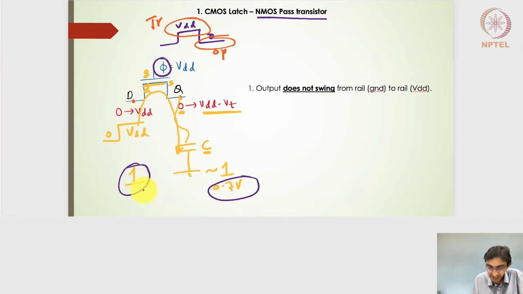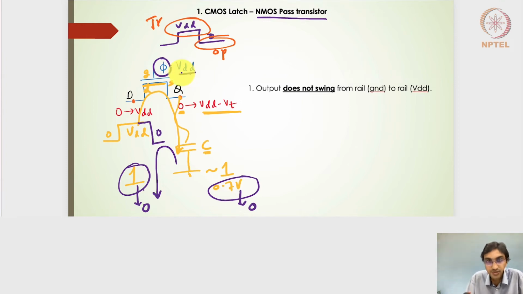And if I then apply the step input and make it back to 0 here, then this capacitor will have the charging path of a normal NMOS pass transistor working, and it will now discharge to 0. So if I change this from 1 to 0 here, this will change from 0.7 to 0 volts, whenever the gate is set at VDD.